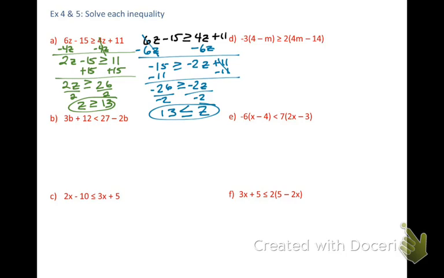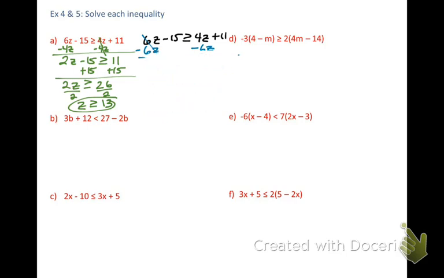The reason why I do it from smallest to biggest is so I do not have to switch the inequality. Okay, another way of doing it is I could start with a number. So I can add 15 over.